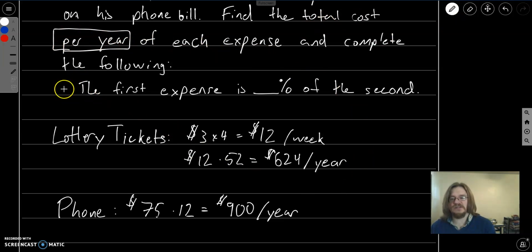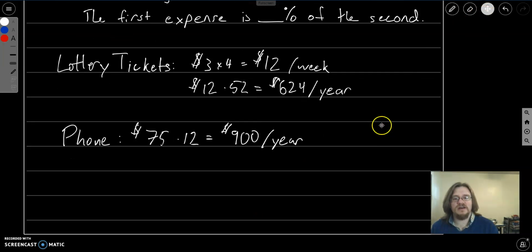And then the last question is just asking, the first expense is going to be some percent of the second. So when I want to say that a number is some percent of another, the way that we do that is we look at the ratio between them. So the ratio of 624 to 900 is going to be this percentage.